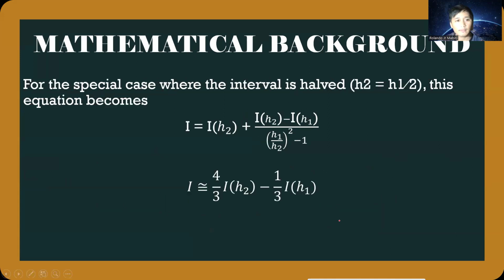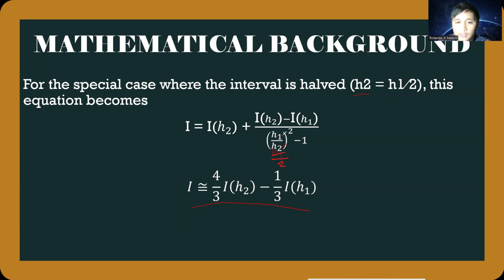And then for the special case where the interval is half, h2 must be equal to h1 over 2. So h2 is half. This is a special case. Our equation would lead us to this equation, because if we substitute h2 here, this will become h1 over 2.